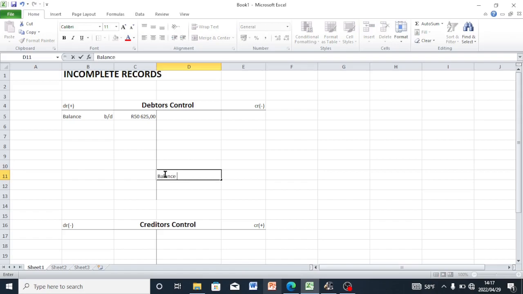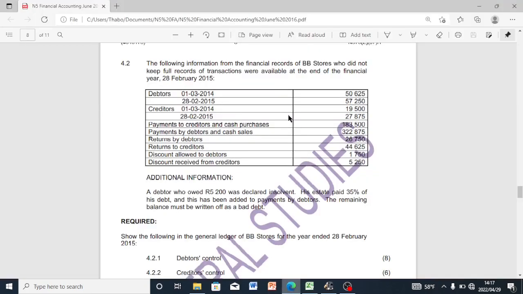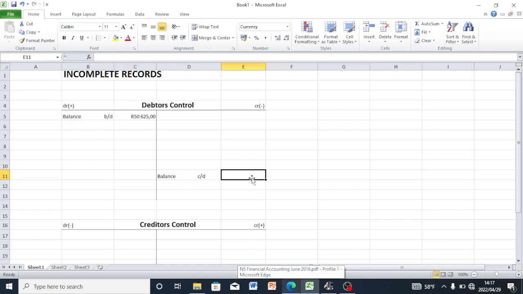Balance carried down, without forgetting it. Our balance carried down is our balance at the end of the year, which is 57,250.